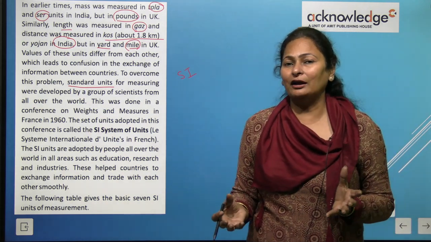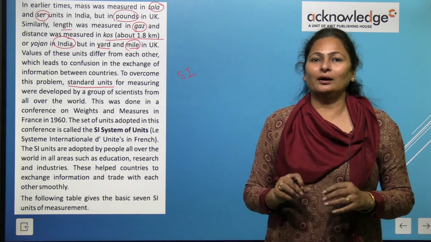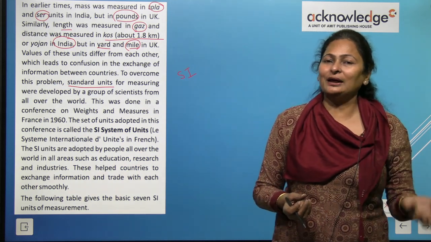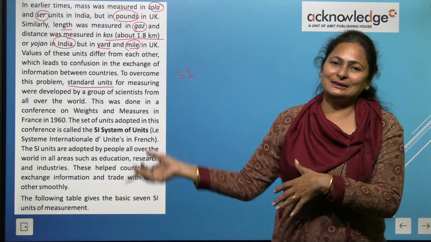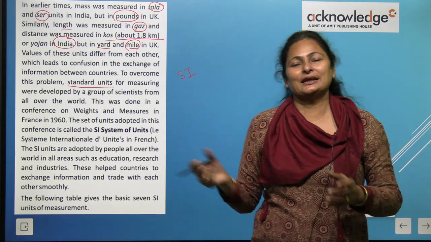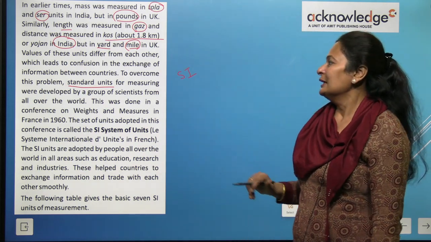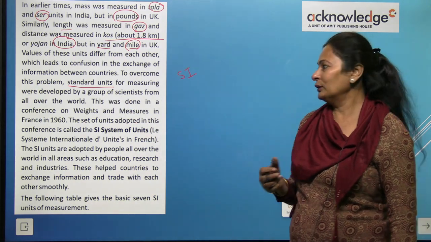It is followed in the entire world, so the measurement would be the same. If you ask for 1 kg, it is the same in India, the UK, the US, everywhere.